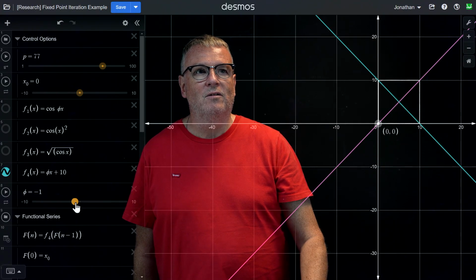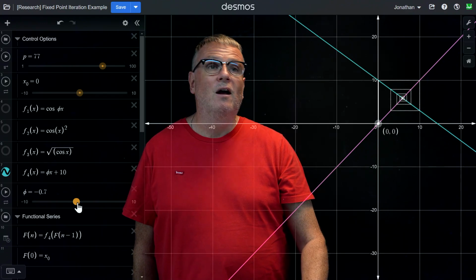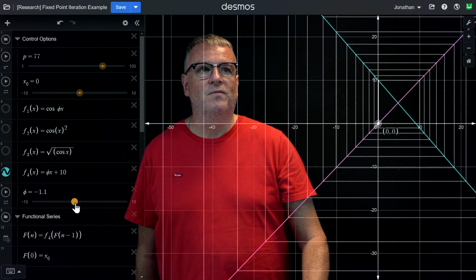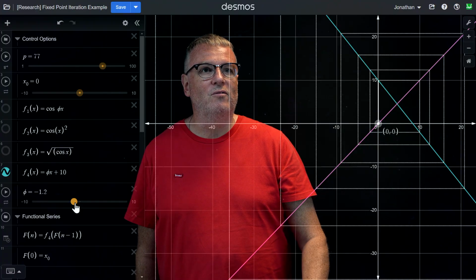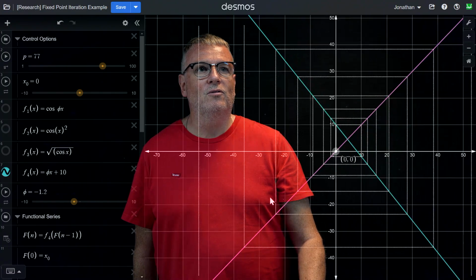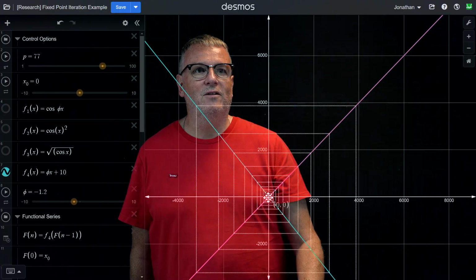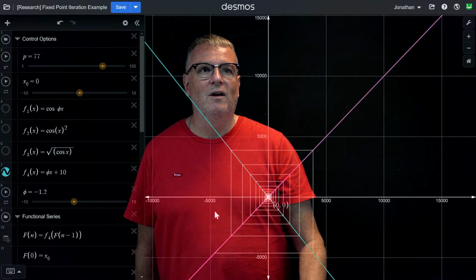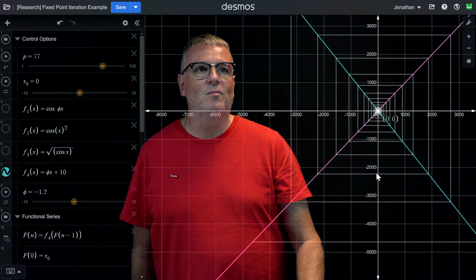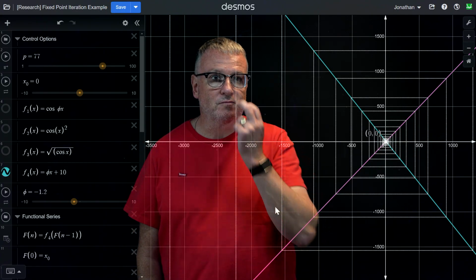Suddenly, my point, instead of being an attractor and attracting a solution, it's become repulsive. And my solution has gone zooming off into infinity. If I come out here, you can see that it's just going out, and we're already out around thousands, numbers that are in the thousands. So I think that's really very interesting.